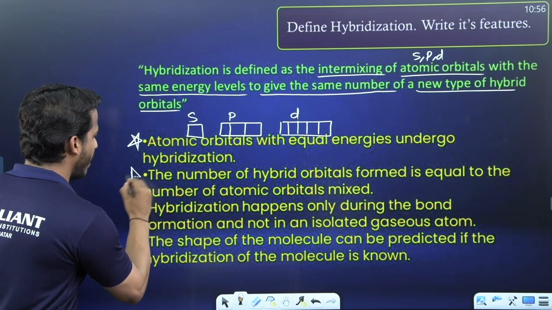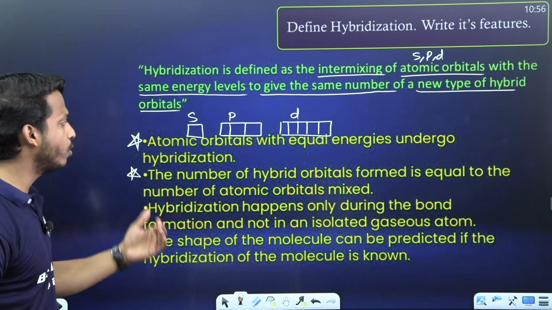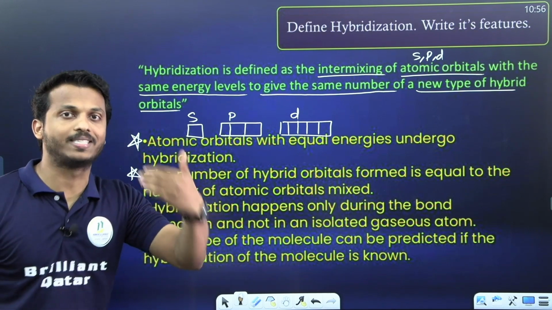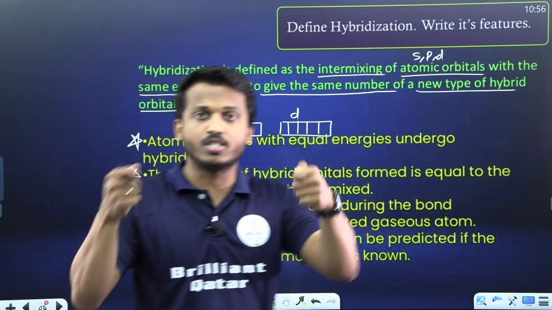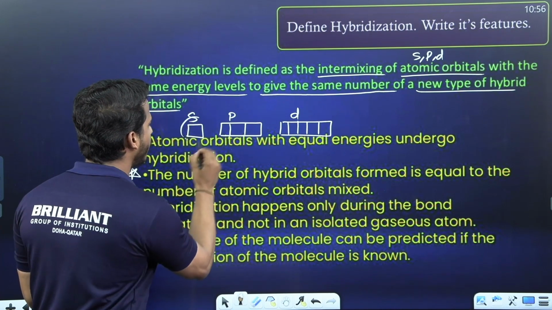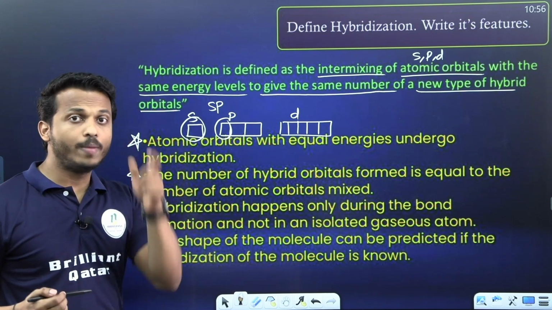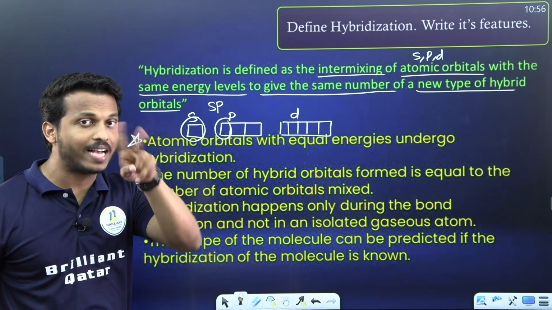Second, the number of hybrid orbitals formed is equal to the number of atomic orbitals mixed. How many atomic orbitals do you mix? For example, you mix one s orbital with one p orbital. Hybridization is sp. You mix 2 orbitals, s and p.